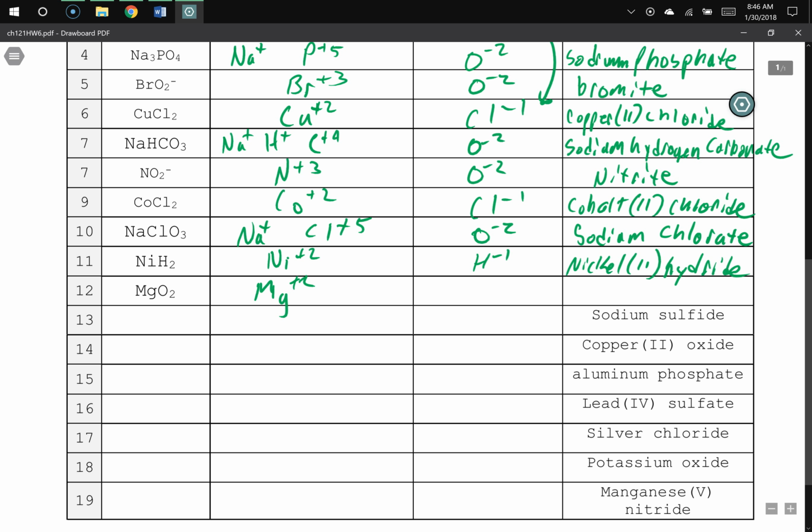Magnesium's charge has to be a +2. So now the oxygen, there are 2 of them, and the 2 of them need to distribute one single -2 charge. So what's the charge on the oxygen? -1. Each oxygen has a -1 charge. So this is magnesium peroxide.